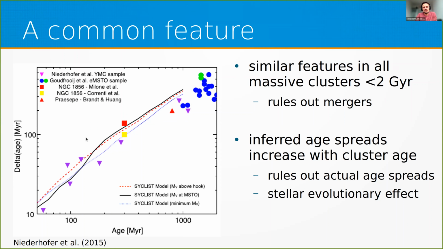However, this wasn't the only surprise that was found when people studied these massive star clusters in the Magellanic Clouds. Another surprise was that the younger of these clusters seemed to show split main sequences. So let's look at NGC 1850, the other cluster that will be a main topic of this talk.